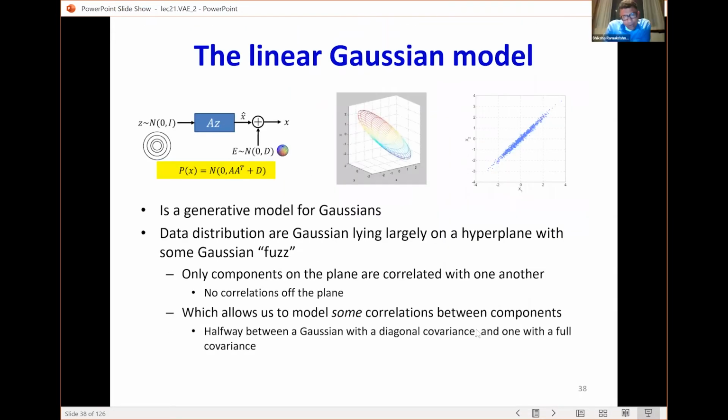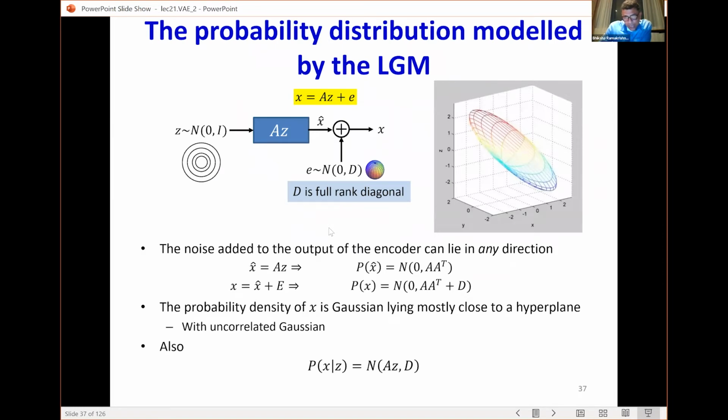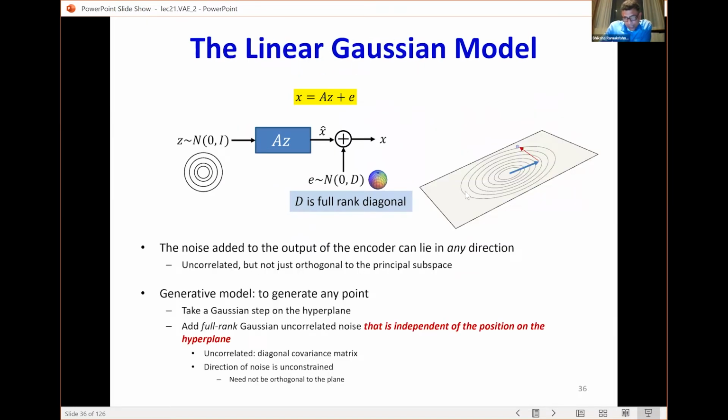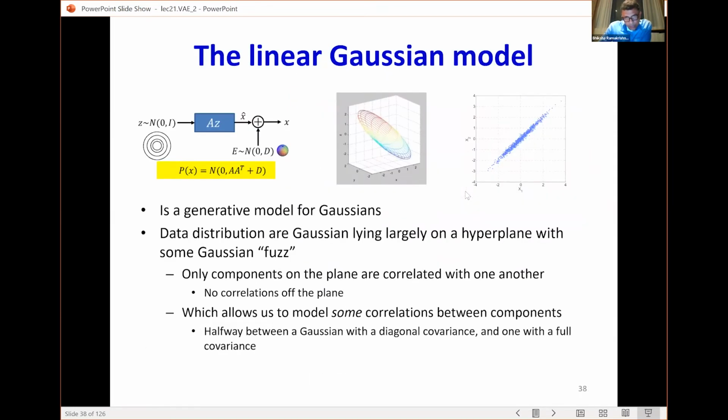So now, this is a generative model for Gaussians. It's assuming that the data distribution is Gaussian, lying largely on a hyperplane with some Gaussian fuzz. Now, the fuzz of the hyperplane is uncorrelated. So only the components that actually lie on this principal subspace have correlation.